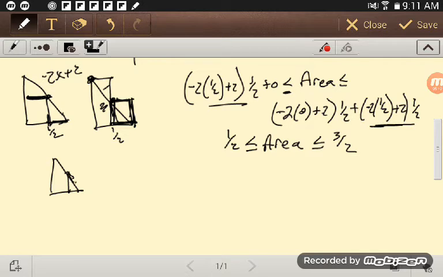Well, maybe I should make this a little bigger so I can draw it. 4 parts. And the upper value are those 4 triangles.